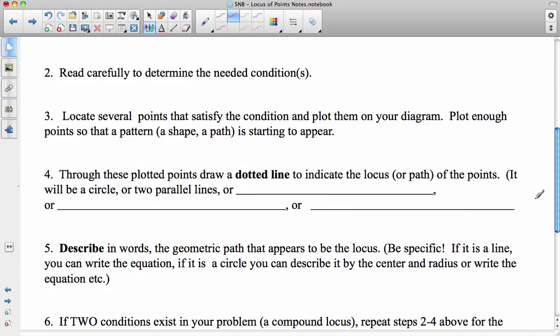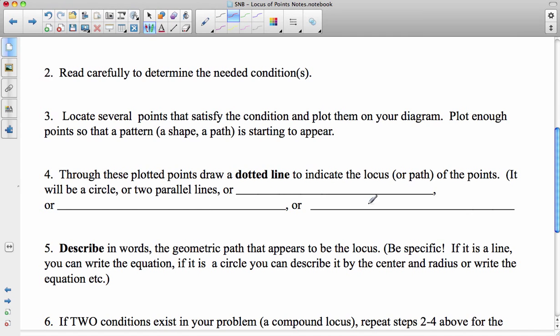And once you plot enough of those points that have that condition, you will see a pattern of the dots or the dashes that you're putting on your paper that will create a circle or create a line or something like that. So number 4 says, through these plotted points, draw a dotted line to indicate the locus or the path of these points.